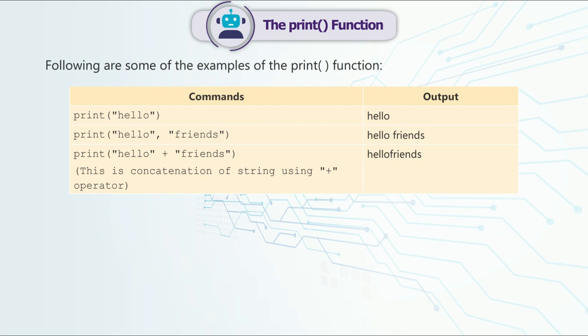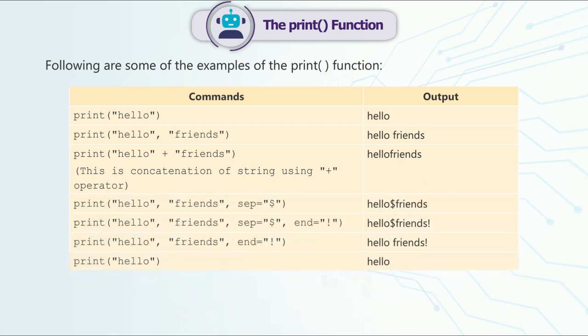This is concatenation of strings using the plus operator. print hello friends, sep = $, output hello $friends. print hello friends, sep = $, end = exclamation, output hello $friends exclamation. print hello friends, end = exclamation, output hello friends exclamation.